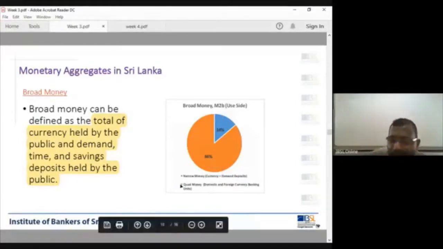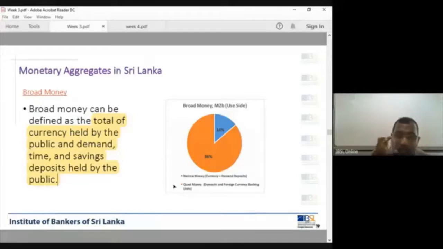You can call it quasi money. I hope you remember when we started the money discussion, I told you you can call it quasi money because it's very close to money, very close to 100% liquidity, right? Not 100%, but very close to 100%. Or you call it near money. Remember the word near money, right? So narrow money plus near money is what? Basically broad money in Sri Lanka. So that's how the money is defined.